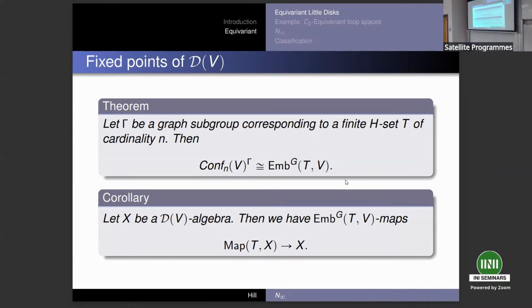And because of that, once I knew that I could get this gamma in, then I can play the exact same game I wrote on this slide with E infinity. A choice of gamma fixed point, so this is non-empty, a choice of point here corresponds to a map G cross sigma n mod gamma into my operad, because that's what the Elmendorf story tells me. Maps out of an orbit is the same thing as a fixed point.